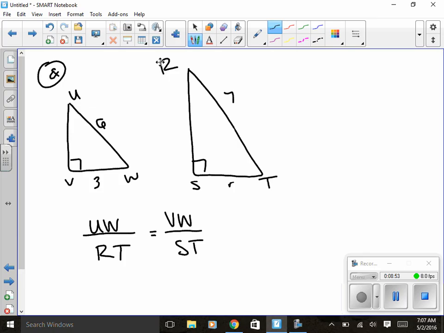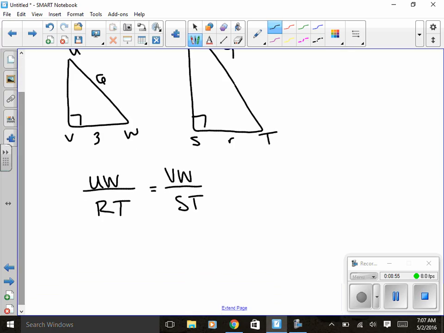So if I'm trying to figure out R here, I've got 6 over 7 has to equal 3 over R. So I know that I'm going to multiply both sides by R, just solve this algebraically.